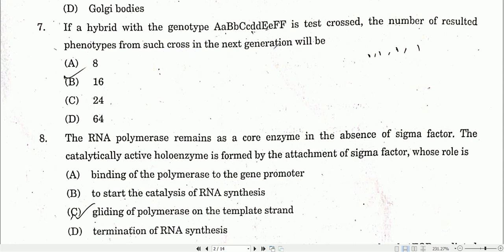The formula will be 2 to the power n, where n is the number of heterozygotes. Here the number of heterozygotes will be 1, 2, 3 and 4. So 2 to the power 4 will be the correct answer. That will be 16. So option B will be the correct one.